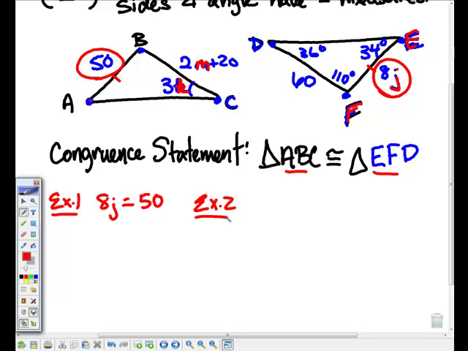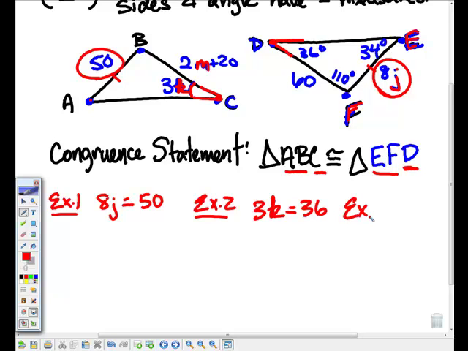Example 2, if we went to find k, we should know that goes with angle C. So if we write 3k, we need to figure out angle C right here matches up with which one of these three angles. So if we look at C, C goes with angle D, which is right here. So we should be looking at 3k has to equal 36.